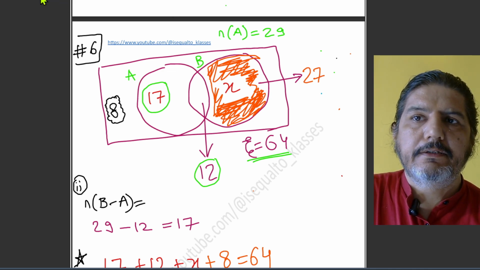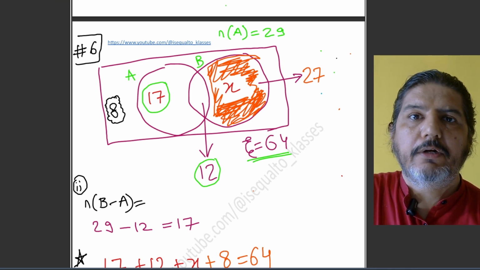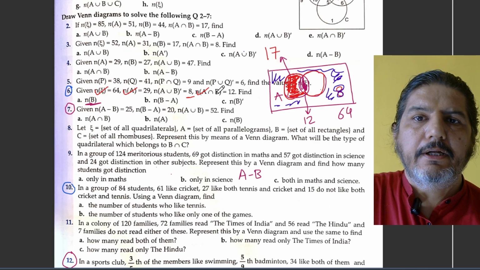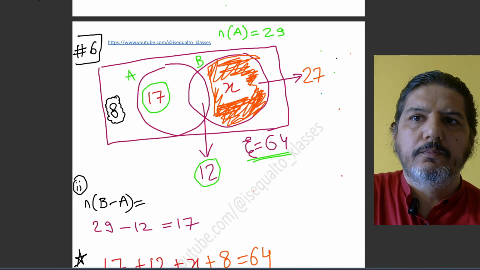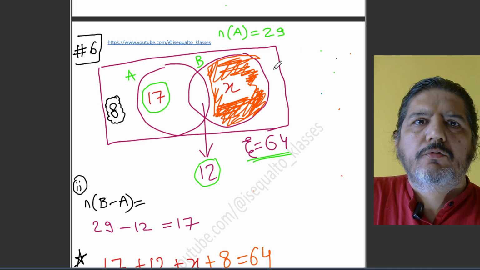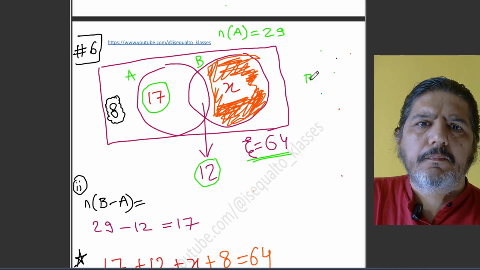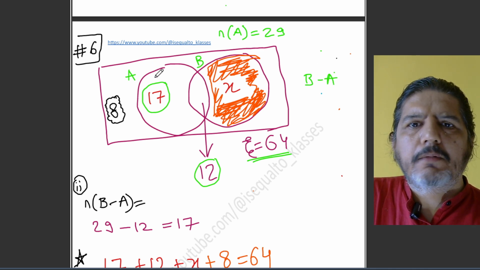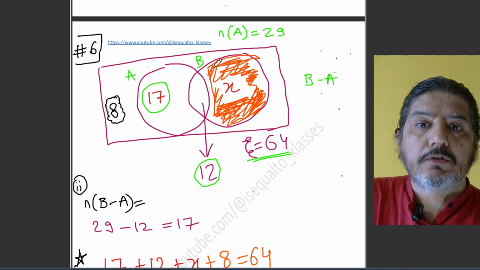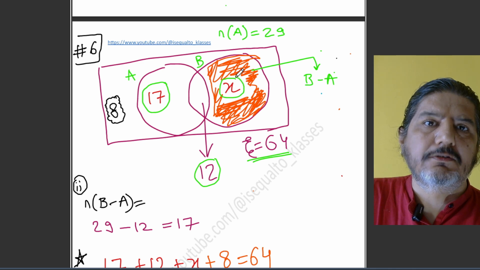What I need to find is n of B. So this exclusive B part implies B minus A, the part which is exclusively in B but no part is in A. This orange is the B minus A part, which I denoted by x.